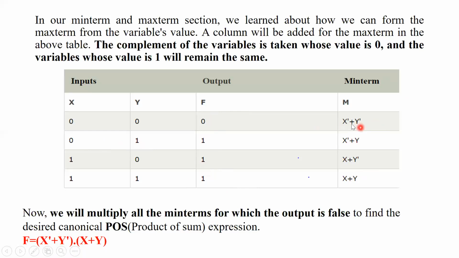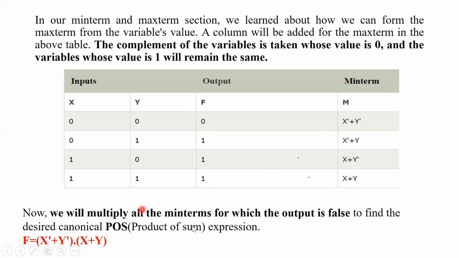So this is a valid case and this is my valid case where my output is false. So my output is false over here and my output is false over here. So what I'll do, product of sum. So x dash plus y dash, the product taken here, and the next term, that is x plus y. So this is the product of sum. Sum means my Maxterm, and then the product I am writing.